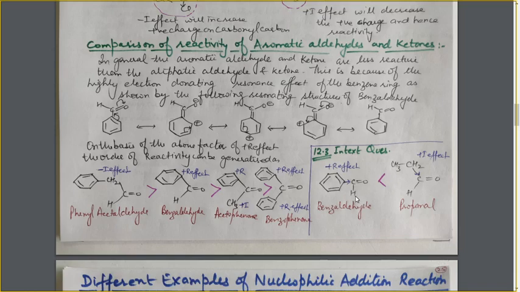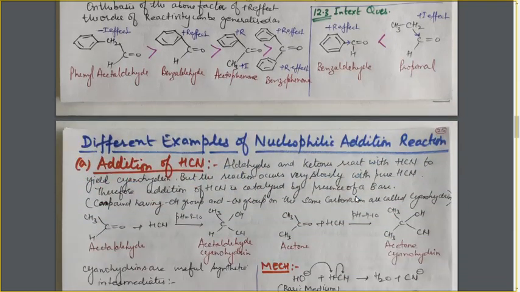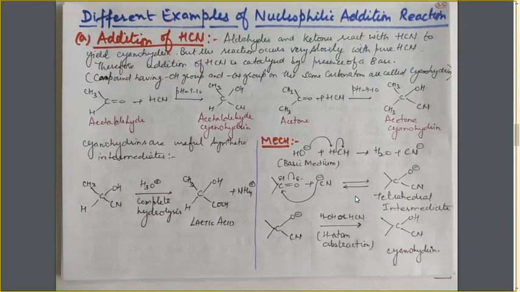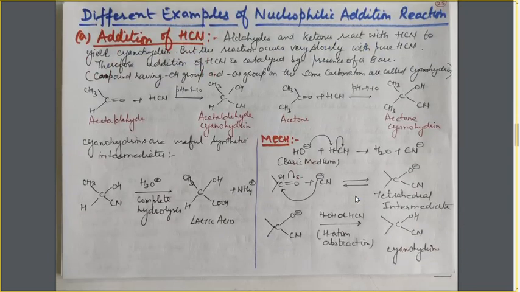Now next, we are starting with the different types of nucleophilic addition reactions. First of all, we are discussing the addition of HCN. Here we have taken an example of acetaldehyde, CH3CHO.